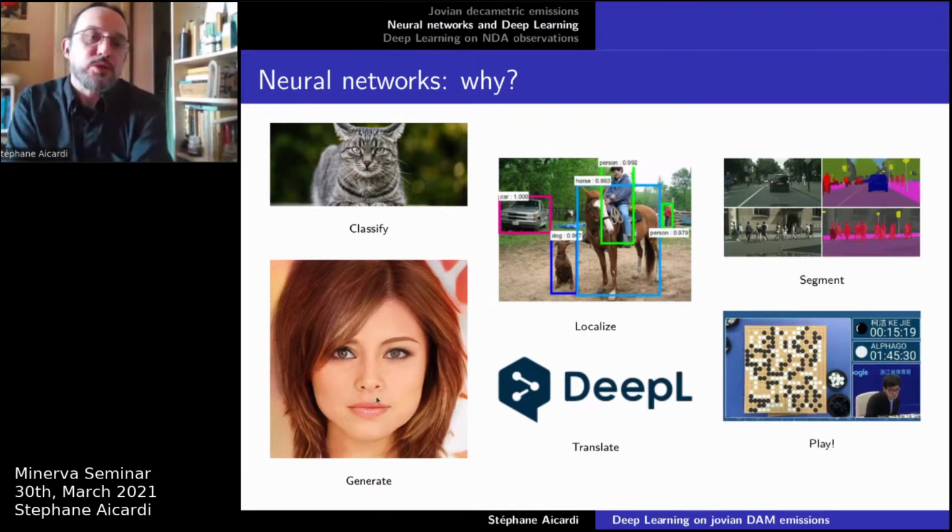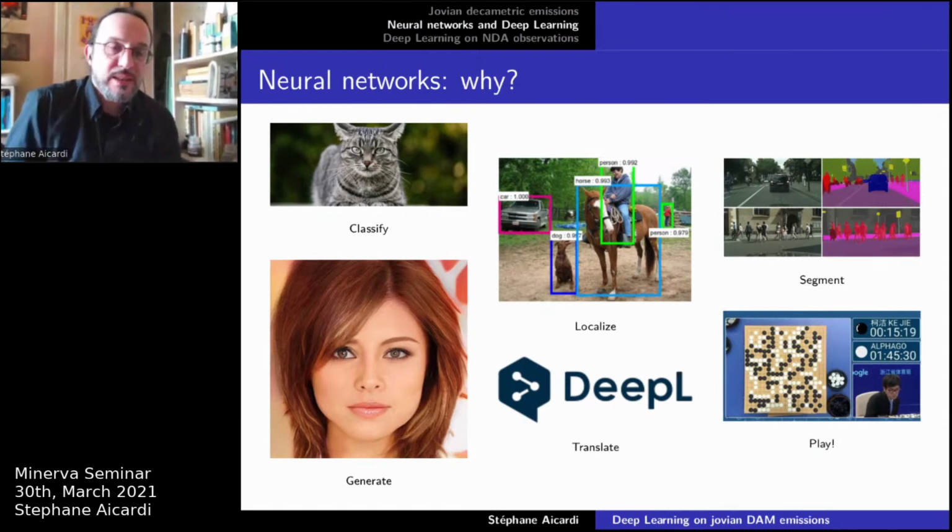We can also try to generate data that look like our training set. Here is a fake celebrity that was produced by NVIDIA using a data set of celebrities. We can also try to translate text from one language to another.